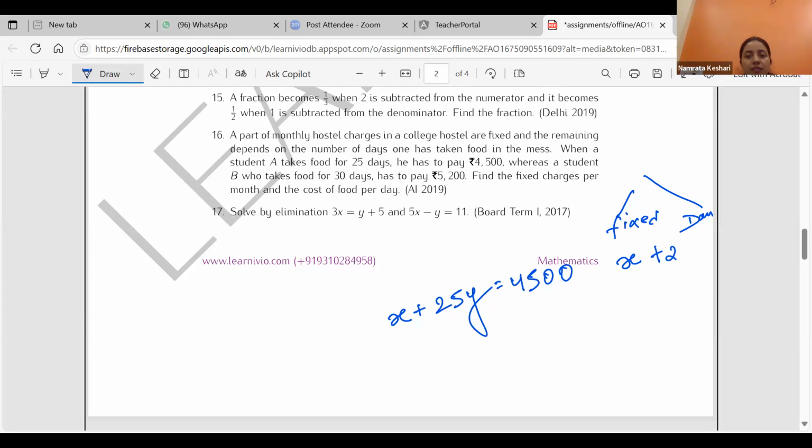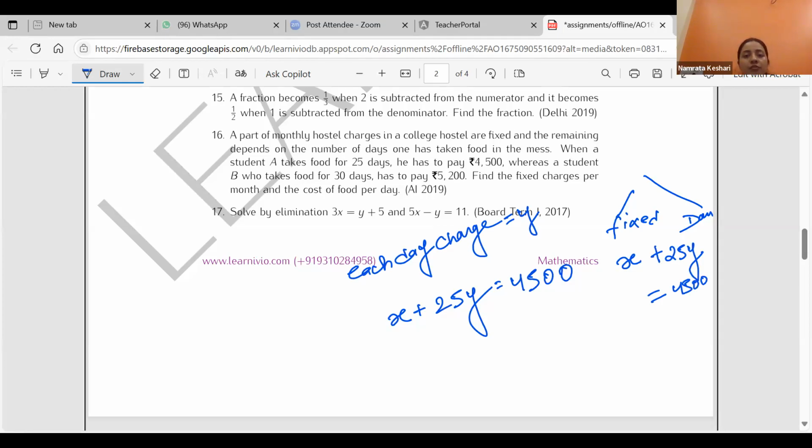The charge for each day, which depends on the number of days, will be Y. So for 25 days it will be 25Y. That total is 4,500. Similarly, the other equation we will be able to create from here.